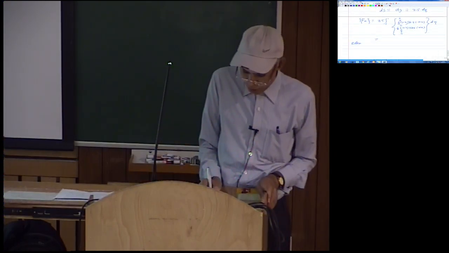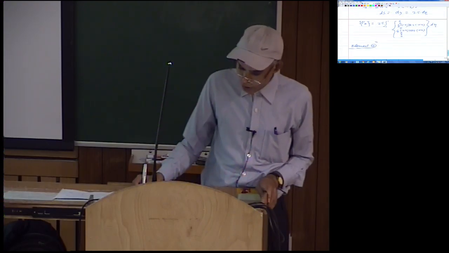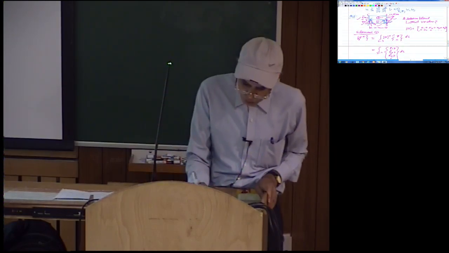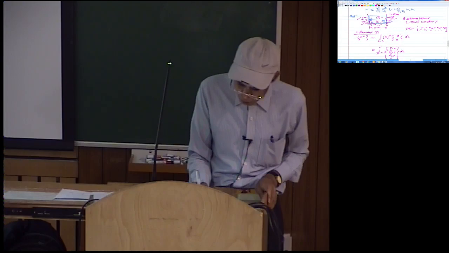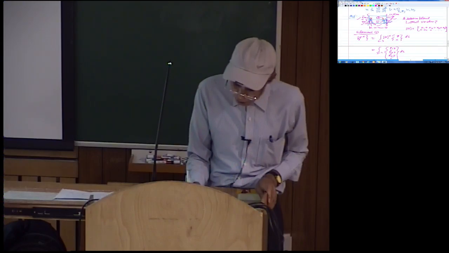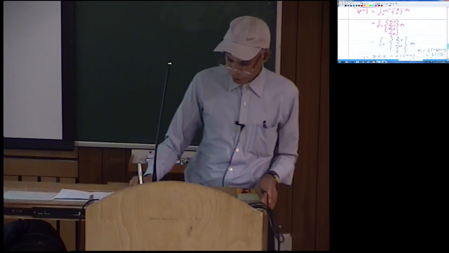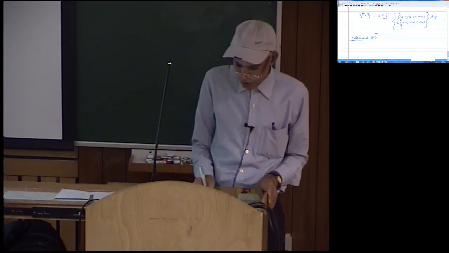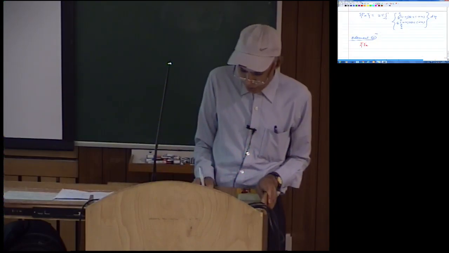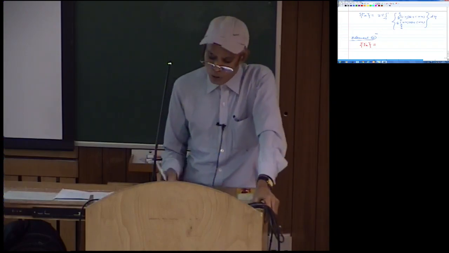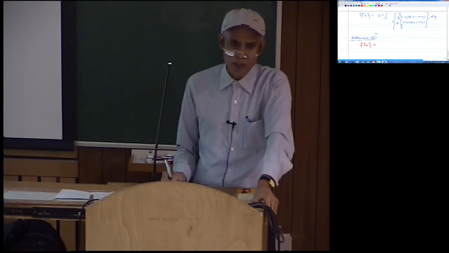Now when you go for the second element, that is element number 2, again you have to consider here, I will come back. So for element number 2, this is local node number 1, the way we considered earlier. This is 2, this is 3, and this is 4. So in the same way you would see that Fe for the second element due to distributed force, again ds is going to be the same, 2.5 into d eta.